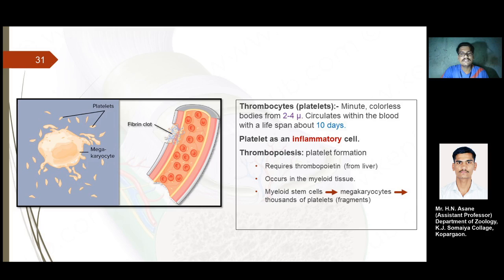Thrombopoietin secreted from the liver acts on the megakaryocytes, the myeloid stem cells, which occur in the myeloid tissue. This thrombopoiesis occurs in the myeloid tissue, and these myeloid stem cells, after coming in contact with thrombopoietin, get converted into megakaryocytes. What are megakaryocytes?